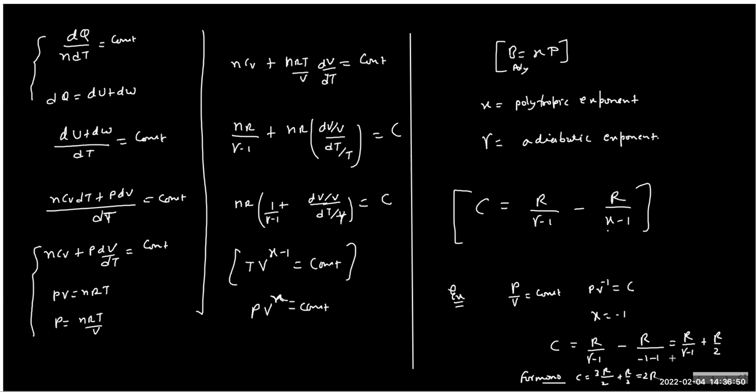So this we derive from the first law of thermodynamics only, from here. So all derivations in thermodynamics we derive from the first law and the ideal gas equation, and various properties of the process will give you the answer.